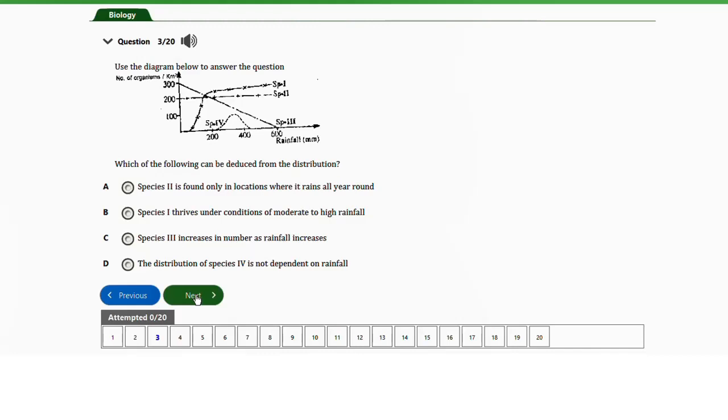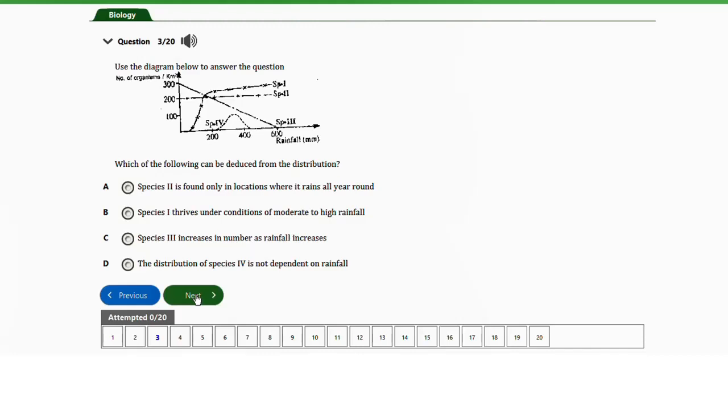If you look at all these options, you will realize that option B is the correct answer, which says species I thrives under conditions of moderate to high rainfall.